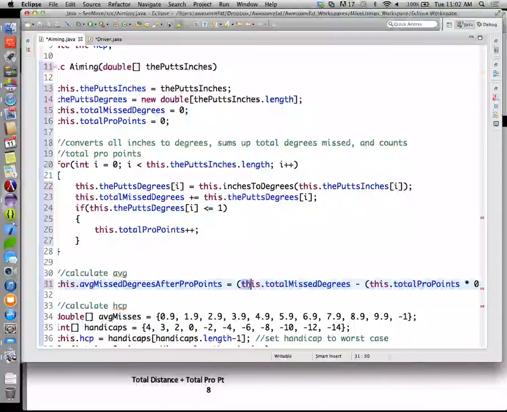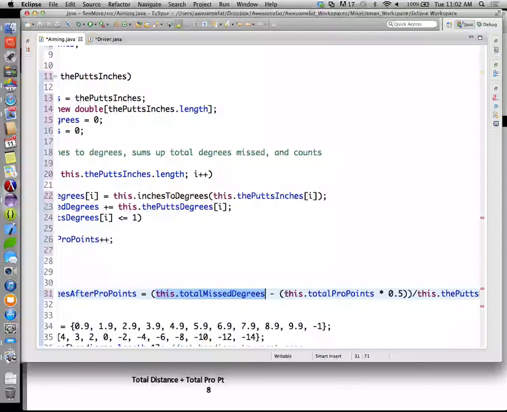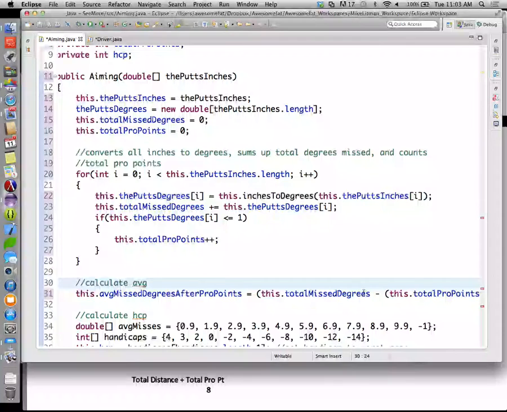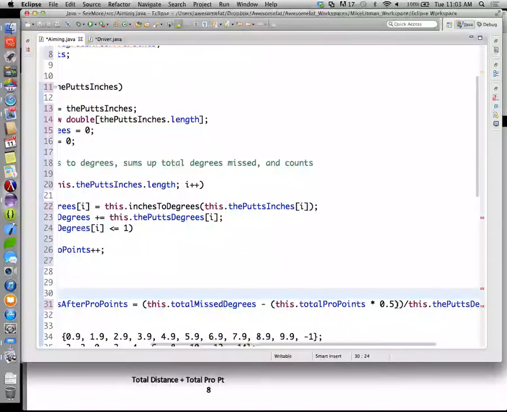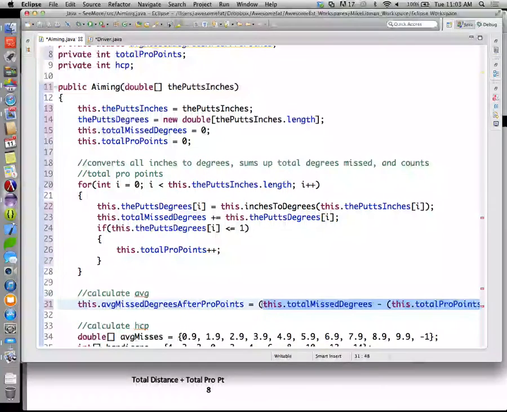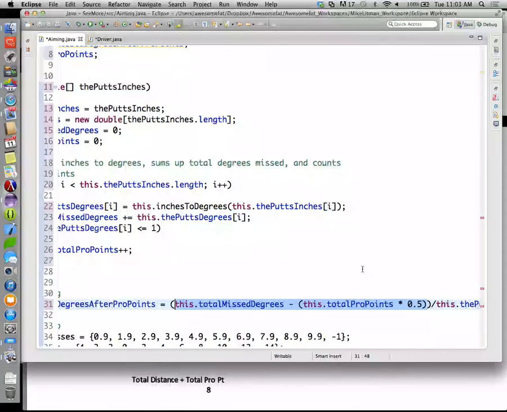So this is the 11.5 in our example. This is the 7 in our example. This times this is the 3.5 from our example. 11.5 minus 3.5 will be 8.